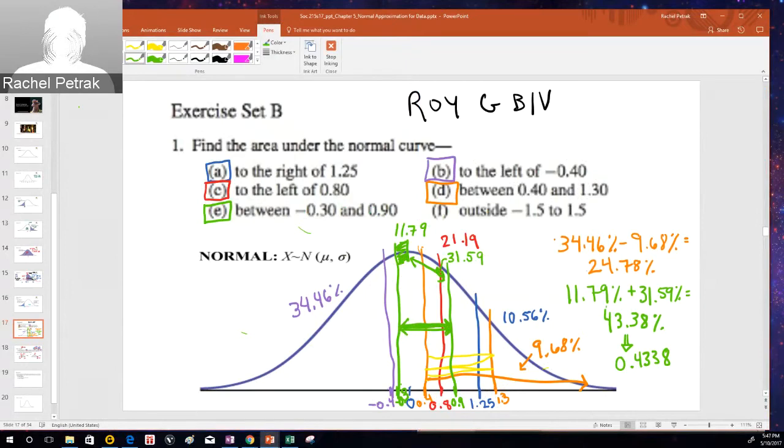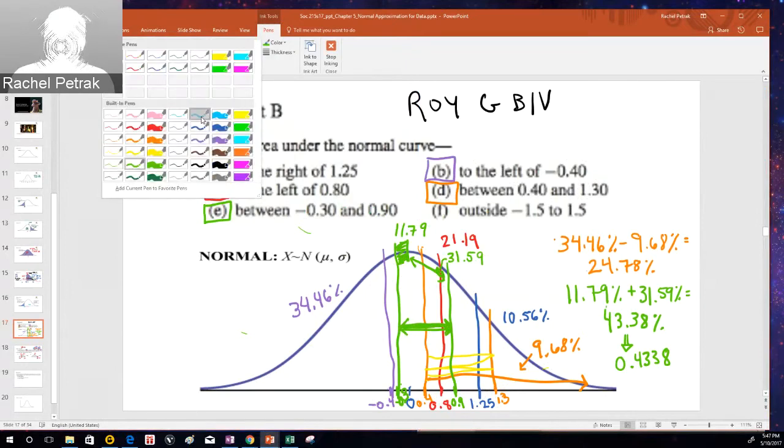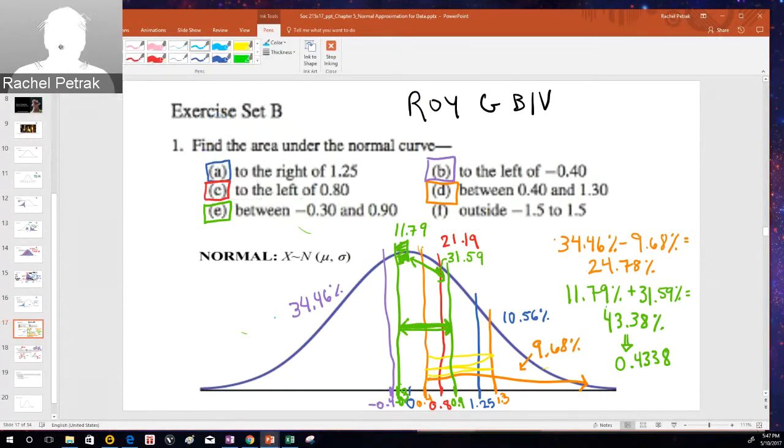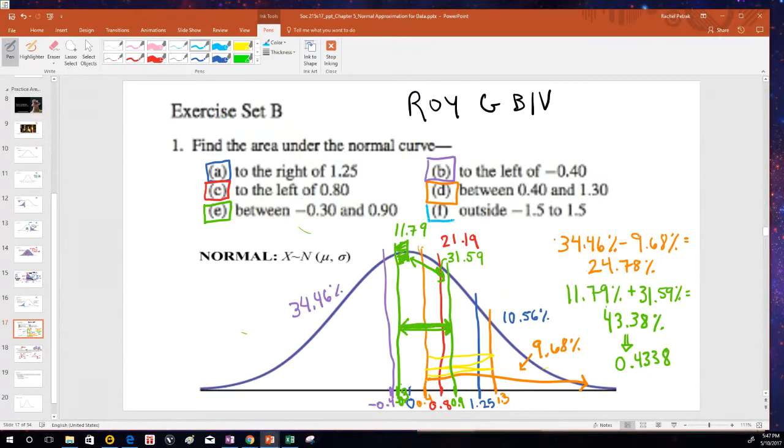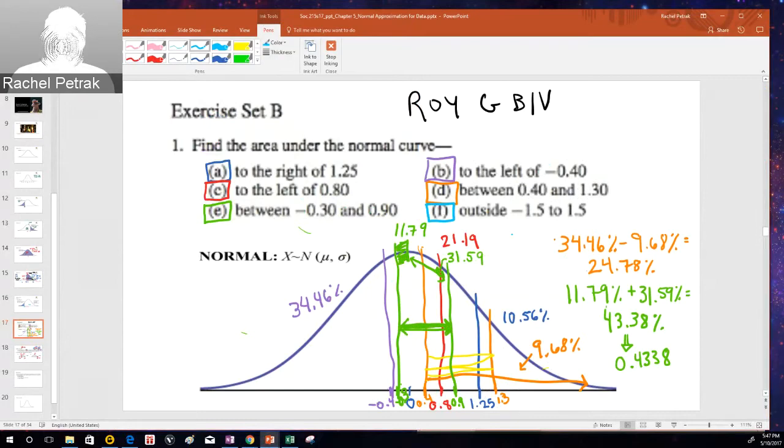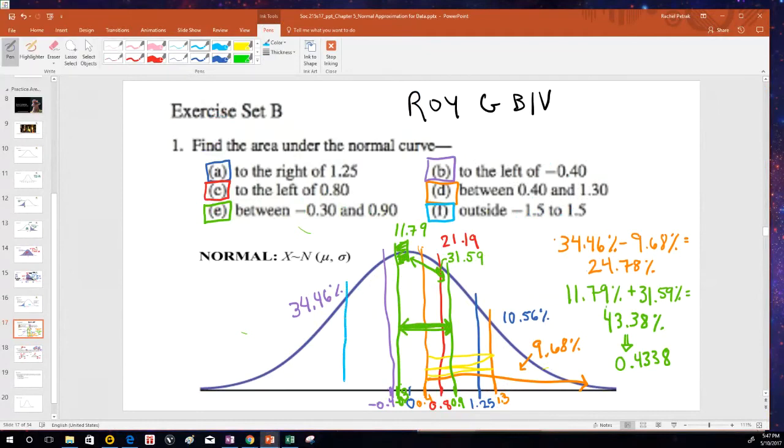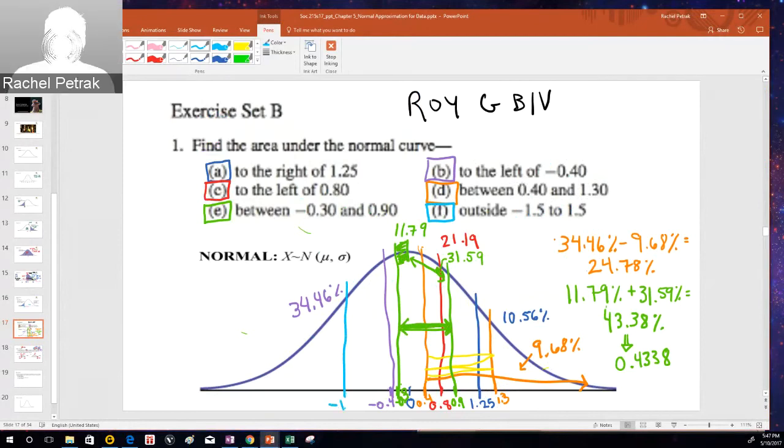One more left, and we are back at blue, but I'll use this other blue. And now this one will be simple to find. We need to know the proportion outside negative 1.5 to 1.5. So here's negative 1.5.